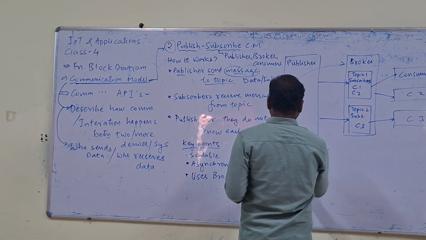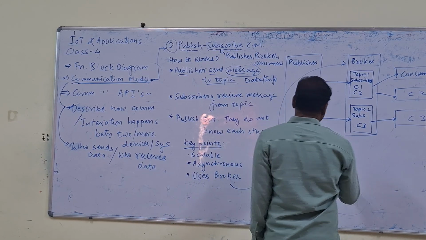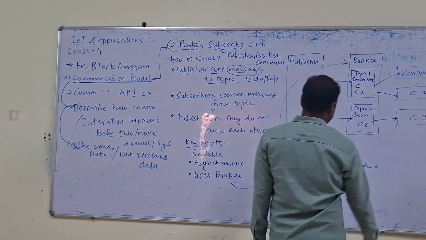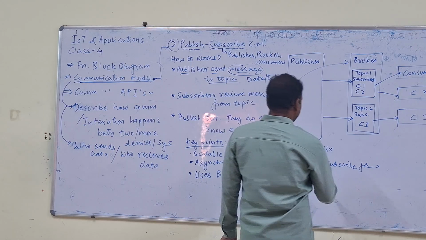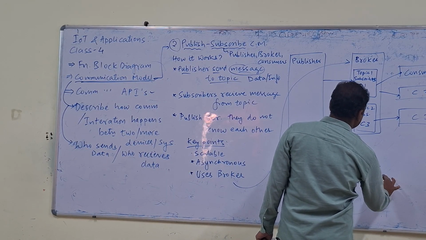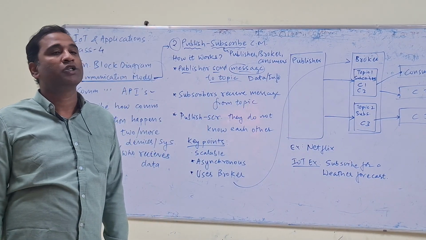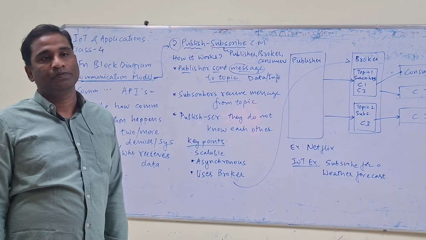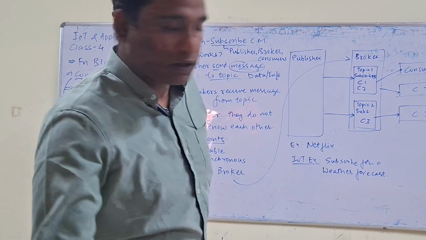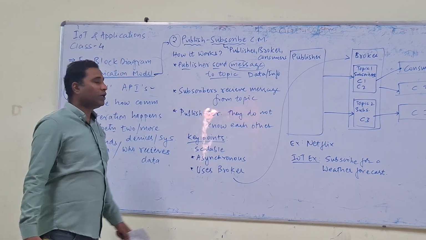In IoT, for example, you subscribe for a weather forecast. Any random website, you subscribe to it, then only the notifications, the messages will be sent to you. Weather forecast. Clear? Publish subscribe model is clear? Yes, sir. Then shall I go to the problem?